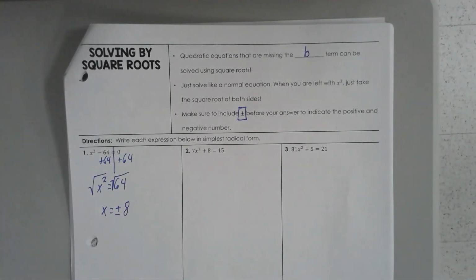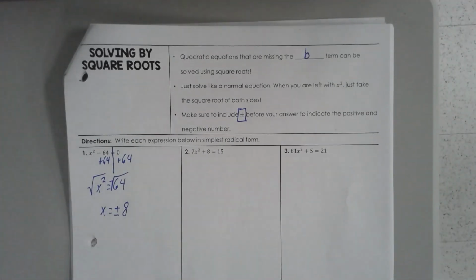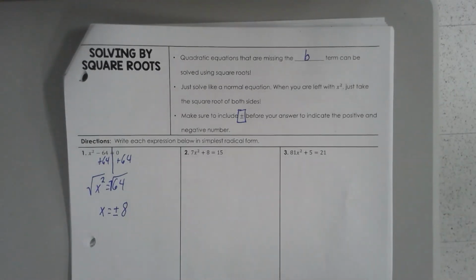So your plus or minus sign just says that it could be 8, it could be negative 8. So from here on out, whenever you solve these equations using square roots, in front of every answer you should have the plus or minus sign. And that's because we've got a square on our x.